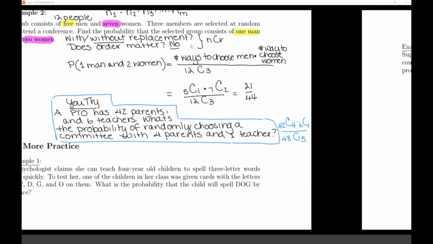You'll notice with these probability fractions, the one I just drew here and the one up here, the n values in the numerator in general will add up to the n in the denominator. See, 42 plus 6 adds up to 48, and the r values will also add up. So 4 plus 1 is 5.